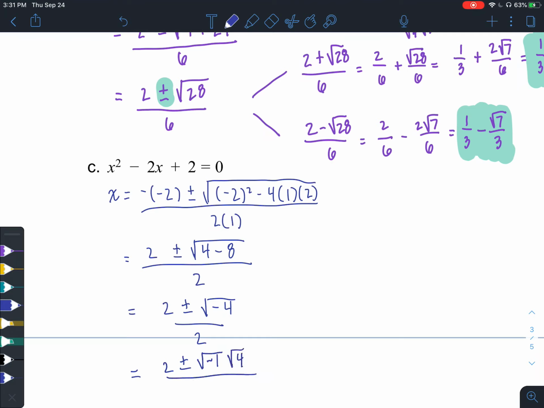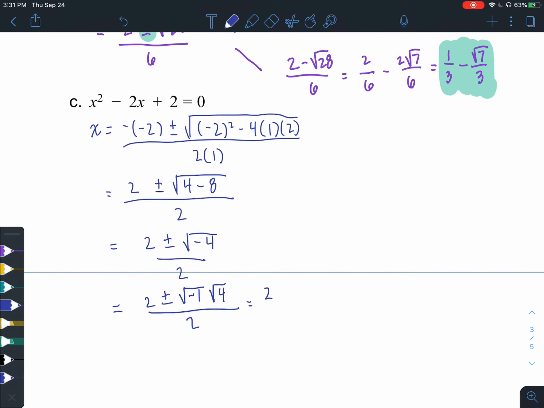I'm going to do it right now just so we have it. So then we have 2 plus or minus 2i, because the square root of negative 1 is i and the square root of negative 4 is 2i, over 2. So we get 2 over 2 plus or minus 2i over 2, which is then 1 plus or minus i. And I'm just going to go ahead and leave our answer like that for all intents and purposes.